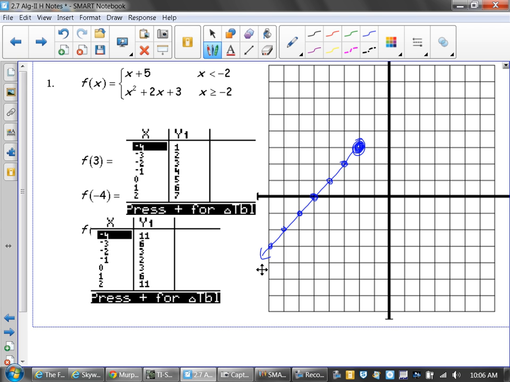So I was at -2, 3, -1, 2, 0, 3, 1, 6. Oh, you're just reading off the table? I'm just reading it right off the table. That's exactly what I'm doing. There's no reason for me to be doing all this extra substitution at all.